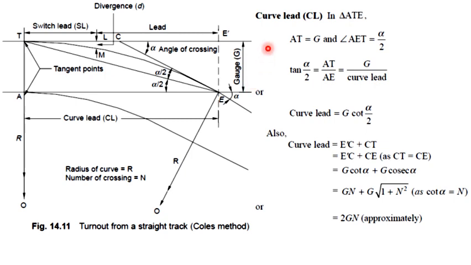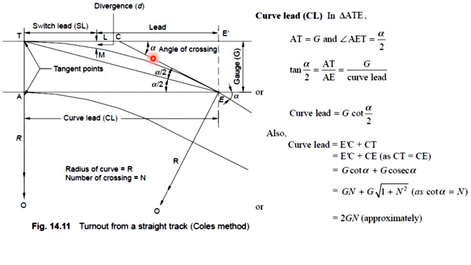So to obtain the curve lead, that is AE or TE dash, you have to consider the triangle ATE. So distance AT is G, that is the gauge of the track, and angle AET is half of the angle alpha, that is alpha by 2.